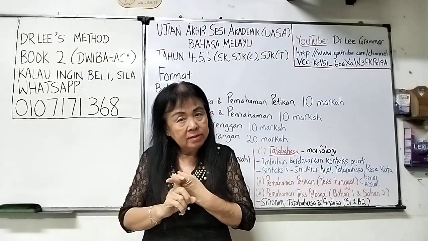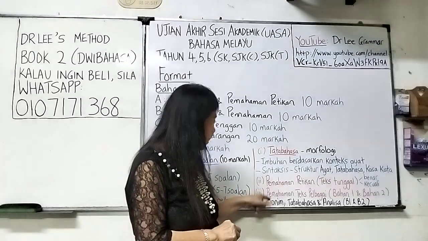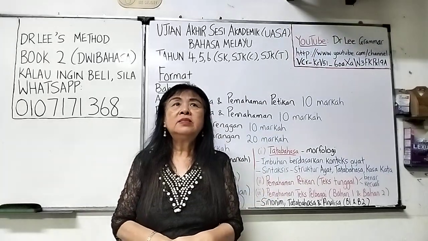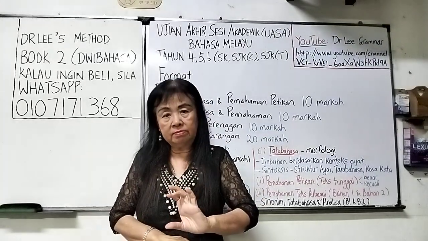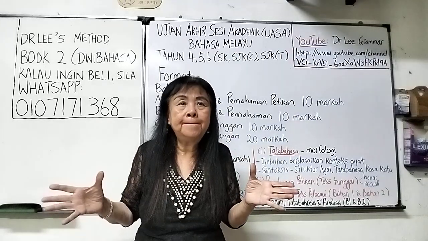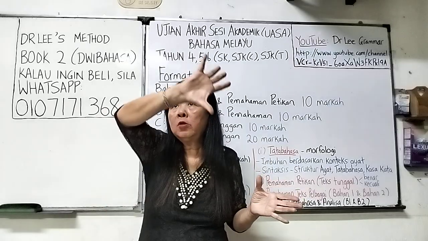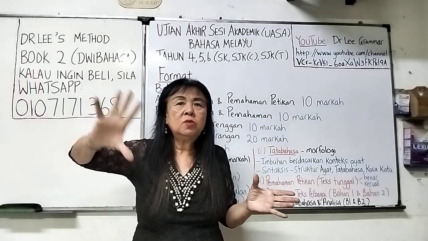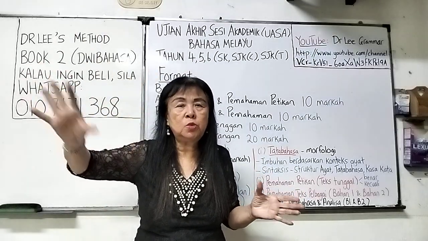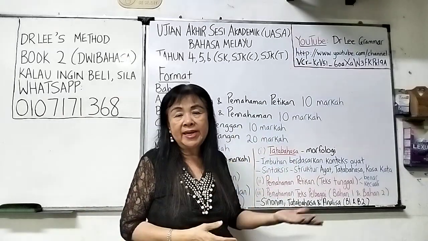There could be one sentence, on bahan satu and bahan dua, but based on synonym. That means because they are related, they are talking about the same topic. So the topic could be membaca. So the topic could be about a person who likes to read, always reads, when she reads, where she goes to borrow books to read or she buys.